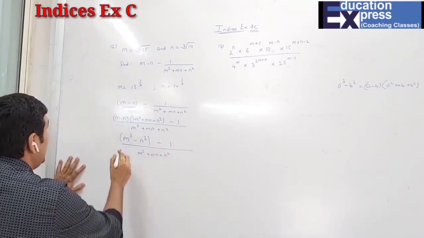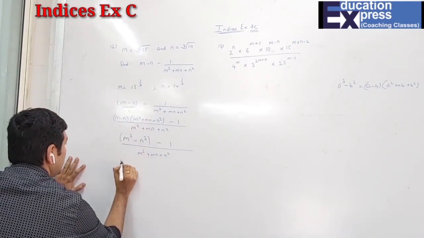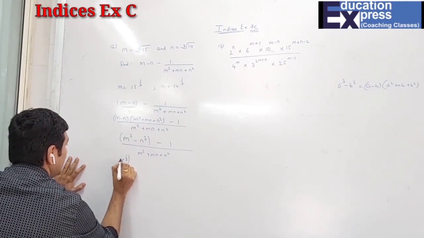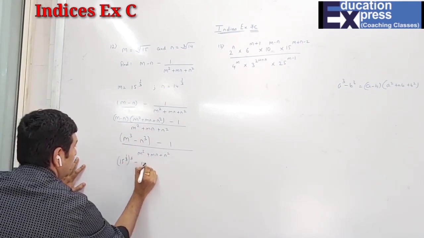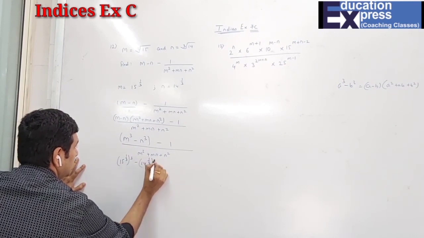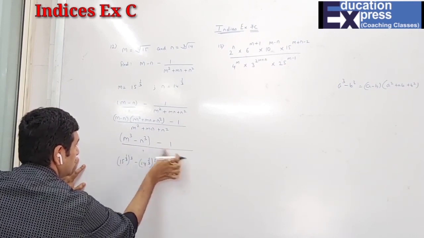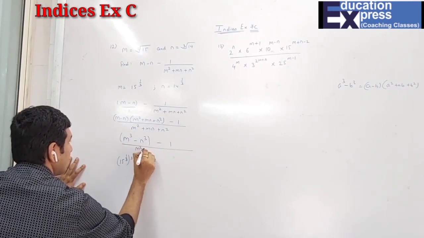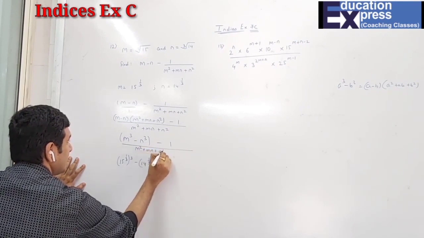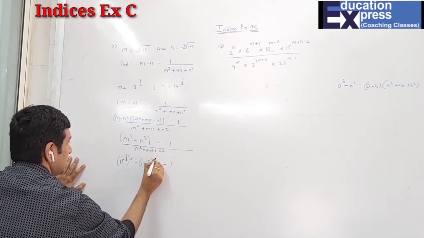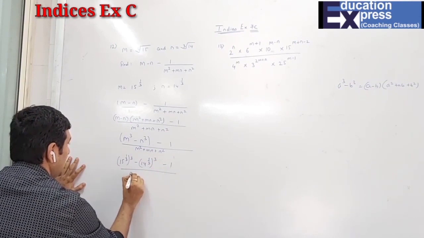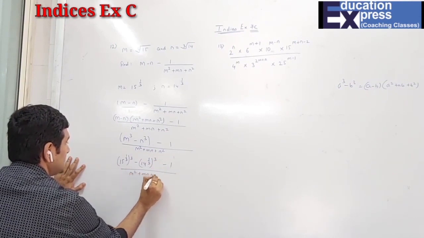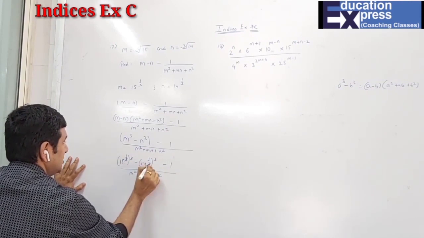Now students, we have n. m is 15, 1 upon 3 cube, n is 14, 1 upon 3 cube, minus 1 upon m square plus mn plus n square. 3 will get cancelled, 3 will get cancelled.